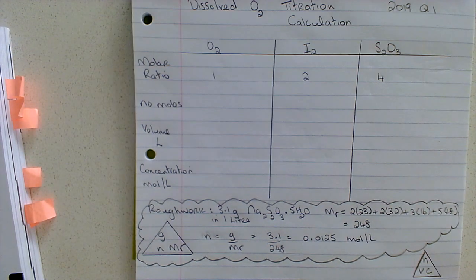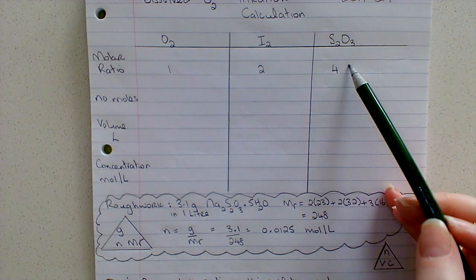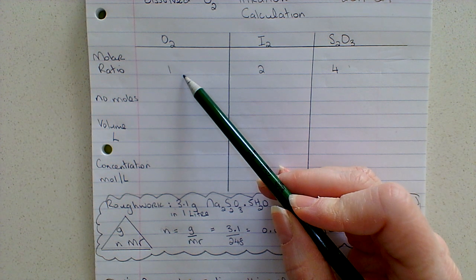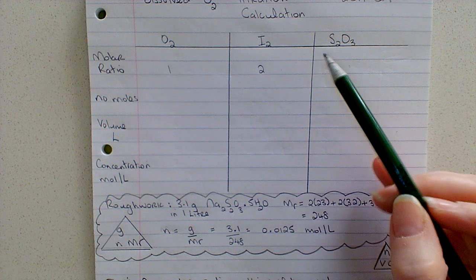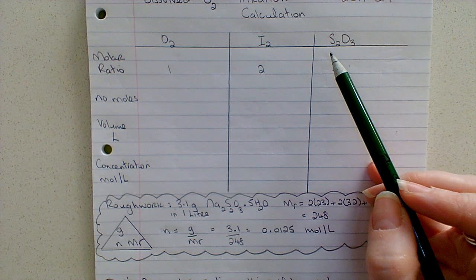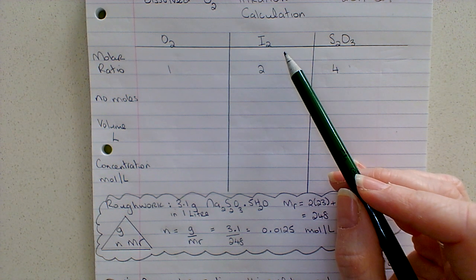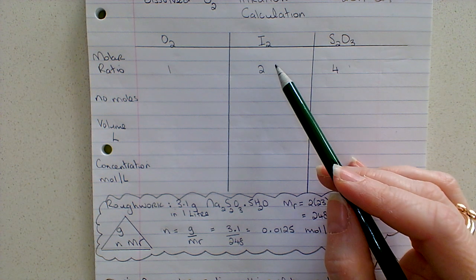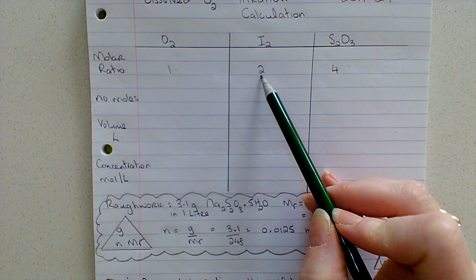For every 4 moles of sodium thiosulfate, we have 1 mole of oxygen. And from our titration equation, for every 2 moles of thiosulfate, we have 1 mole of iodine. So that's saying that we have double the number of moles of thiosulfate than we do iodine. That's why we can put a 2 here.